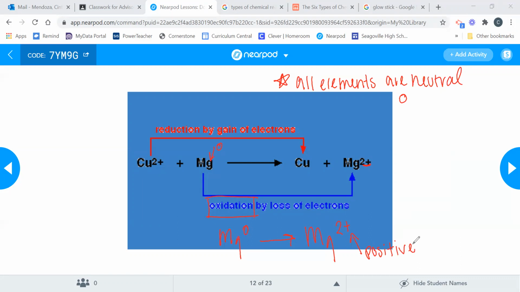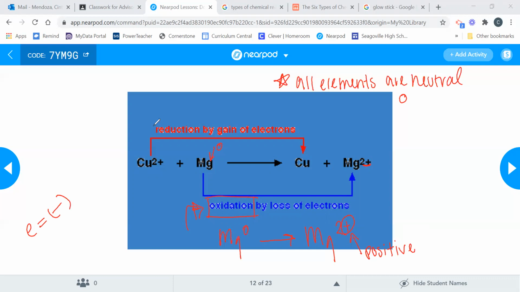And that's the main thing that you guys were not understanding, is that whenever something becomes more positive, we're talking about charge-wise, this does not mean 2 plus electrons. It means 2 plus the charge. So we're losing electrons because you remember electrons are negative. So if we're becoming more positive, we're losing electrons.